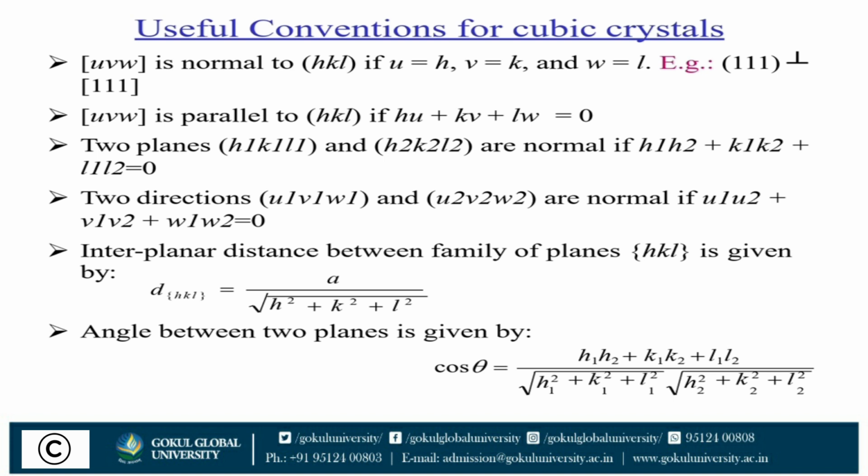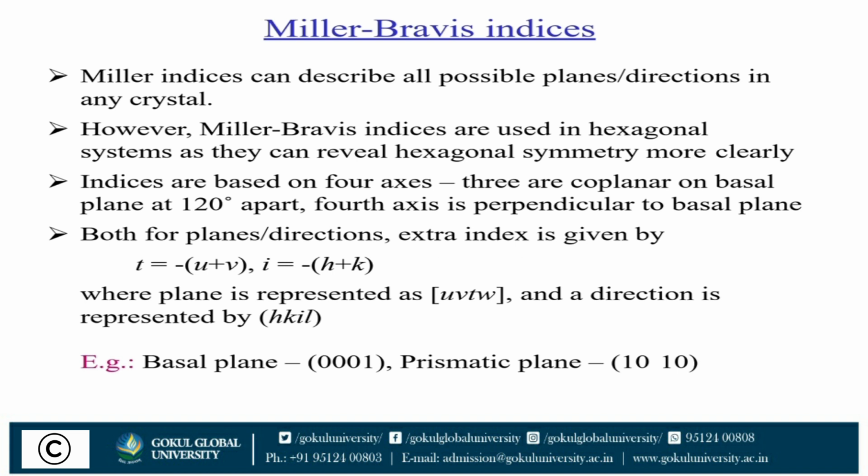If you find the distance between planes, you take the lattice parameter divided by root of h square plus k square plus l square. And for the angle between them, cos theta equals h1 into h2 plus k1 into k2 plus l1 into l2, divided by root of h1 square plus k1 square plus l1 square, into root of h2 square plus k2 square plus l2 square. With that equation you can find the distance as well as the angle.